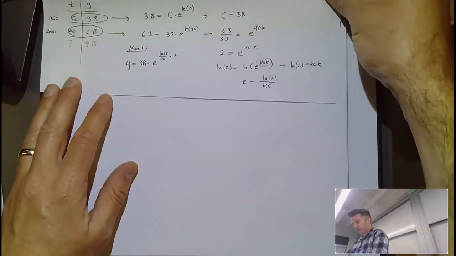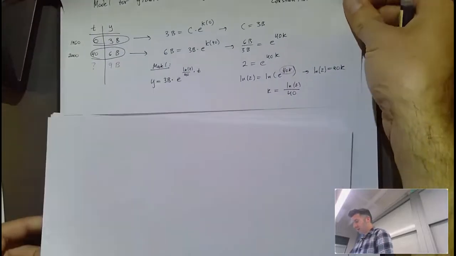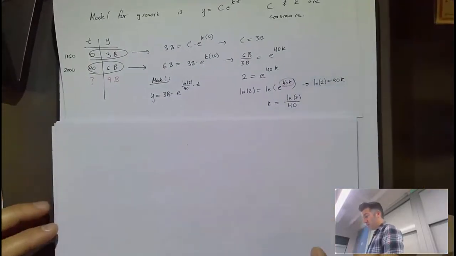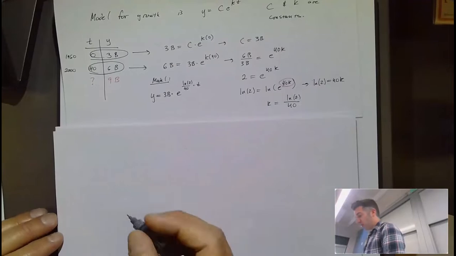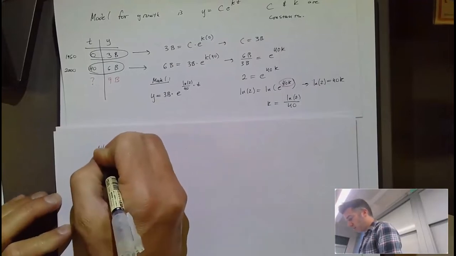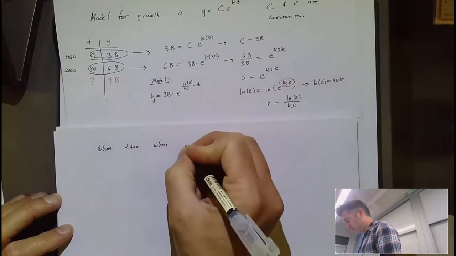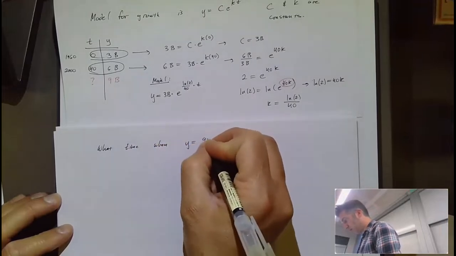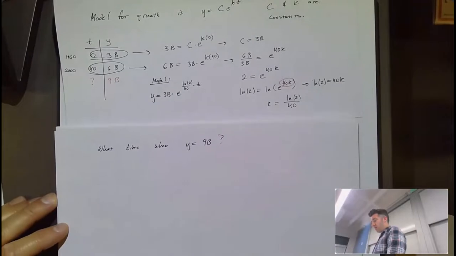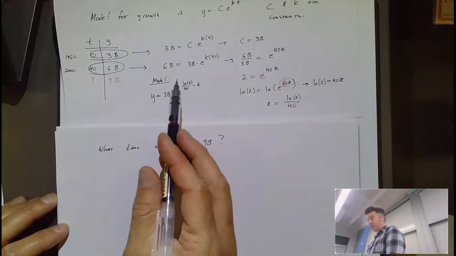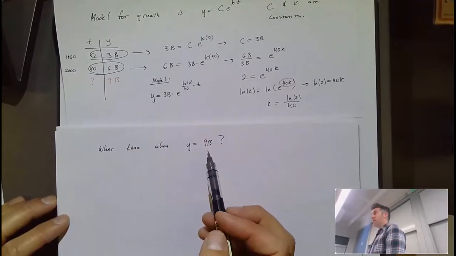So let's do that. So we're gonna take our model now, and we're gonna try and answer the question. So we wanna know, what time is it when the population is 9 billion? All right, well, I'm gonna take my model here and plug in 9 billion for y and solve for t.